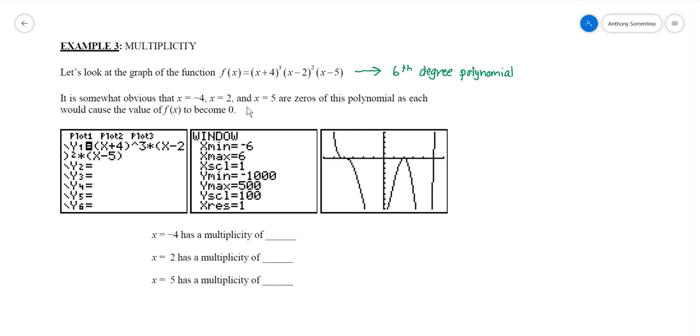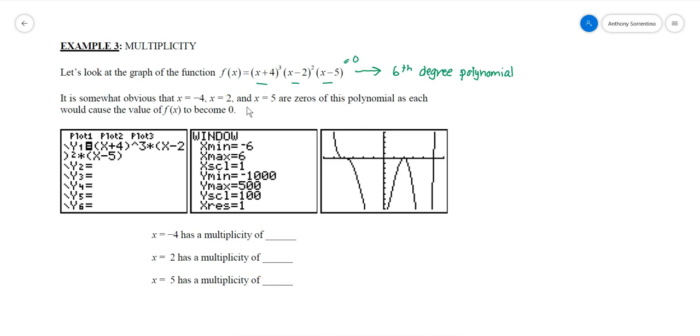Now it stands to reason that for this to equal 0, either this quantity has to be 0, this quantity has to be 0, or this quantity has to be 0. That's why I left it factored so you could easily see what those should be, because negative 4 would make x plus 4 equal 0, and if I cube 0, it's 0, and then the whole rest of it becomes 0. 2 would make the x minus 2 in the middle become 0.